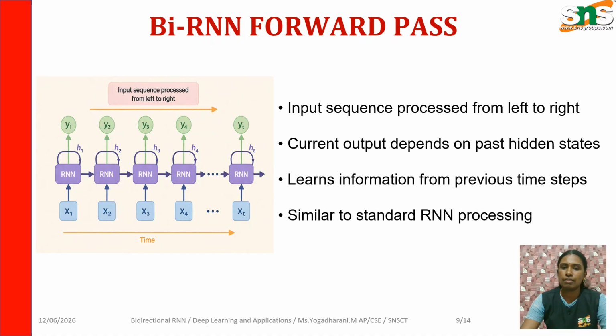This is the bidirectional forward pass. The forward RNN works like a normal RNN: input arrives, hidden states H1, H2 are computed, and output is generated. This model learns information from the previous inputs. For example, "I love deep learning." While processing "learning," it remembers "I love deep."